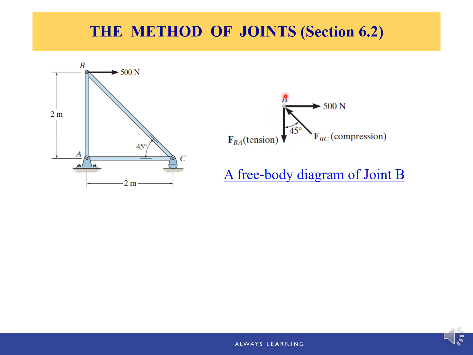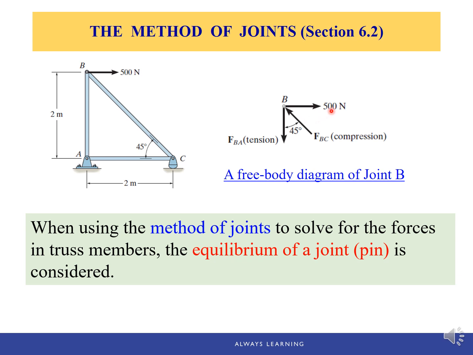After drawing this free body diagram, we have two unknowns, FBA and FBC. And we know for a 2D particle equilibrium problem, we can write up to two equilibrium equations, and we can solve those two unknowns.